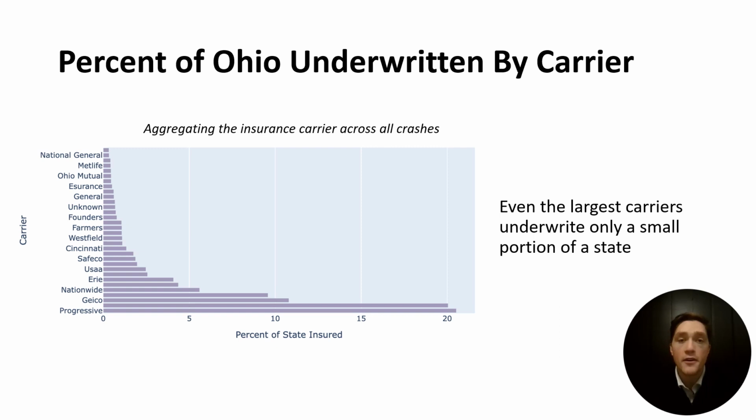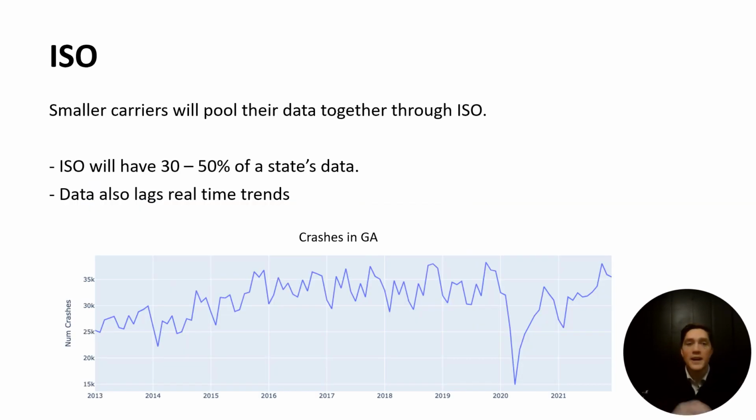If you look at the different carriers within that state, you see that even the big carriers still lack a large amount of crash data. So insurance carriers use their own crash data to make a lot of assumptions. However, even Progressive in this case, just over 20% of the data, let alone all of these smaller insurance carriers as well. So how do the smaller insurance carriers get the data?